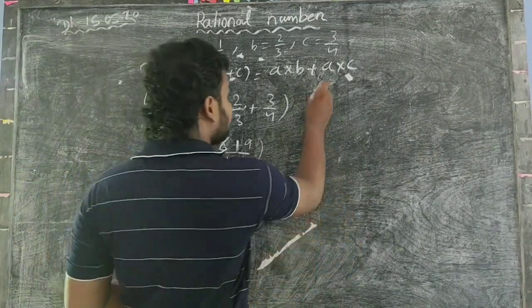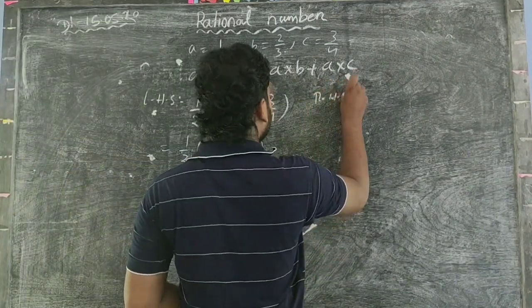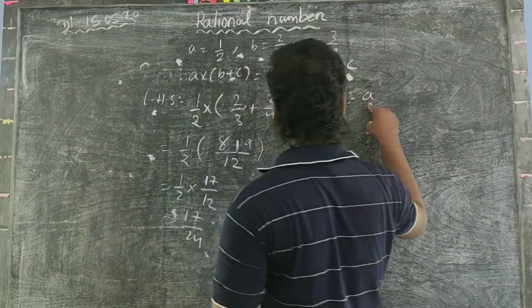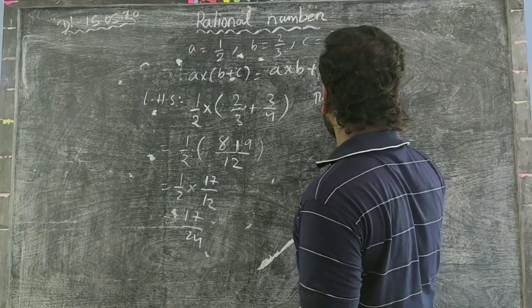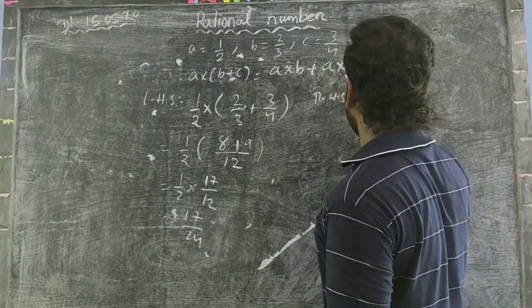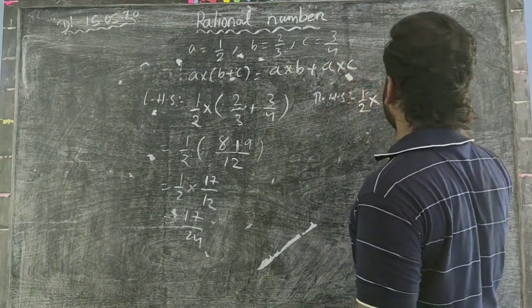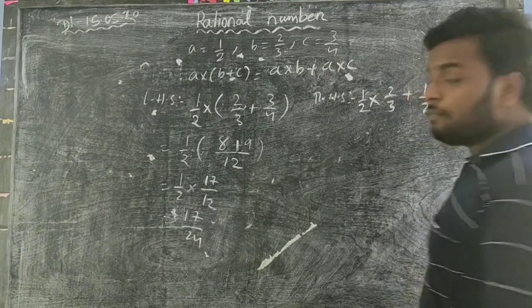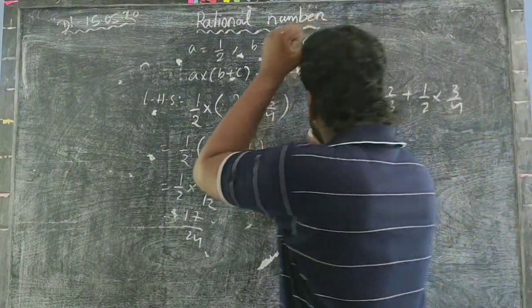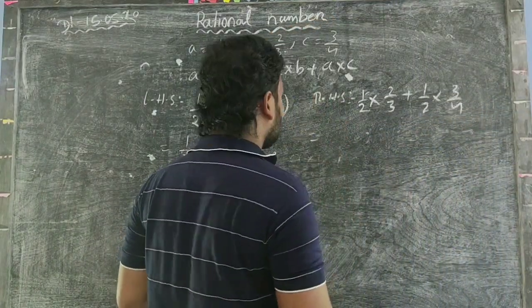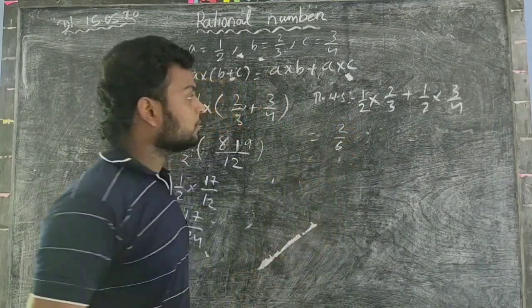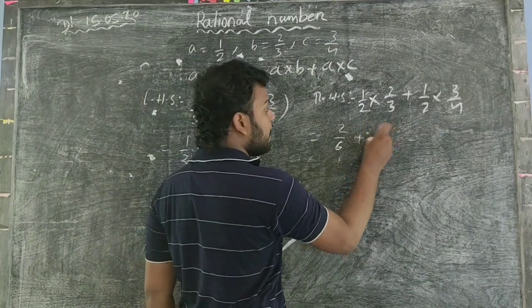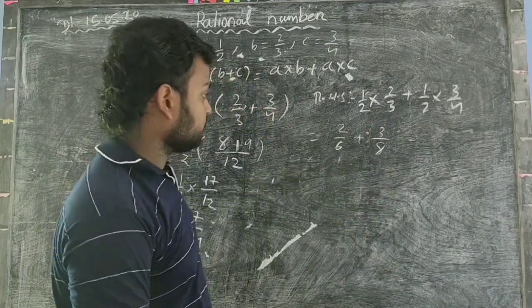So in the case of RHS, to find A into B plus A into C, that means A is 1 by 2 into 2 by 3 plus 1 by 2 into 3 by 4. So you get 2 by 6 plus 3 by 8.